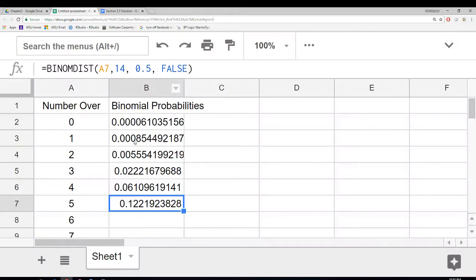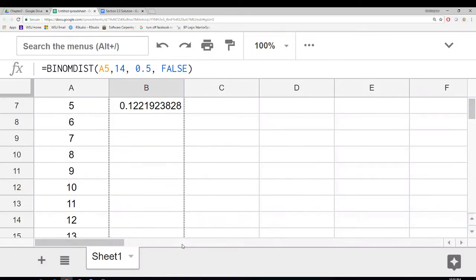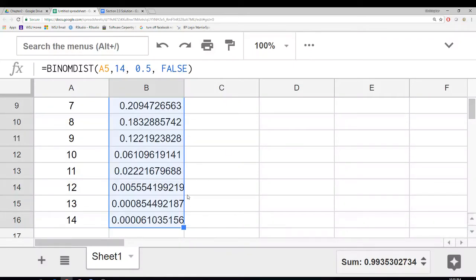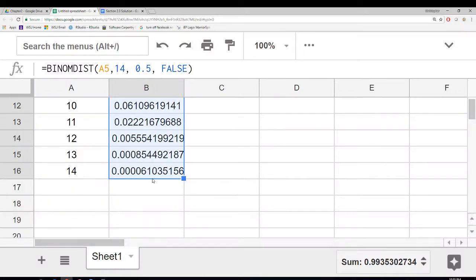When I copy down, if I come back up to the first one, I typed in A2. But when I copy that down, the spreadsheet is smart enough to adjust that from A2 to A3 to A4 to A5 all the way down for me. I want to copy this down for all of my different values on my number line, all the way down to A16.